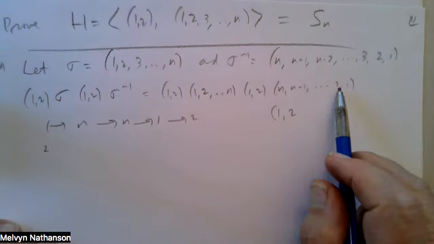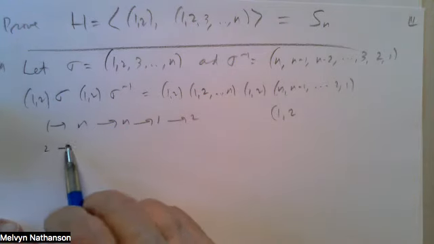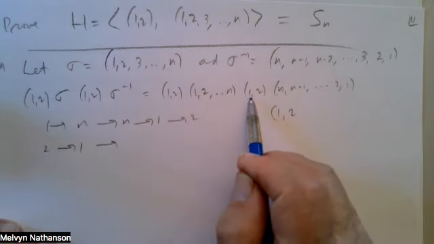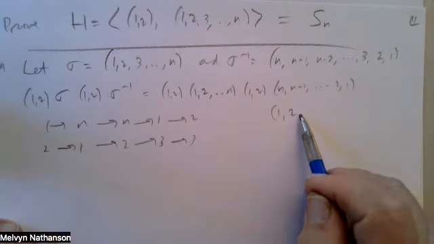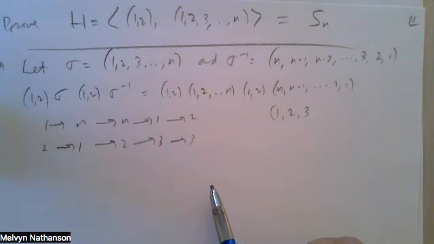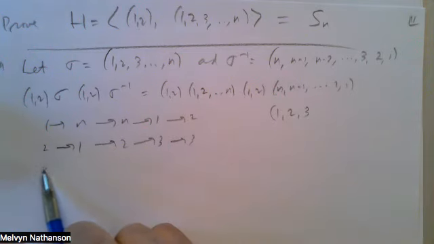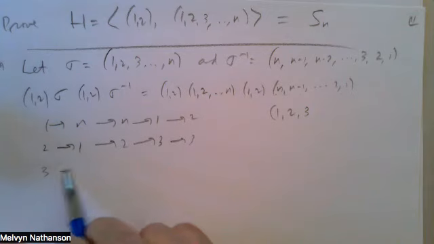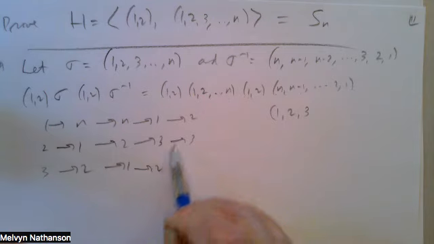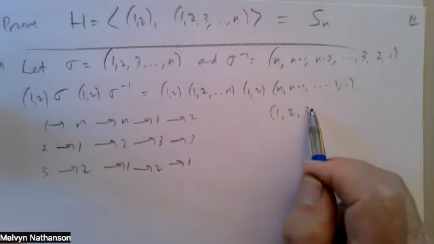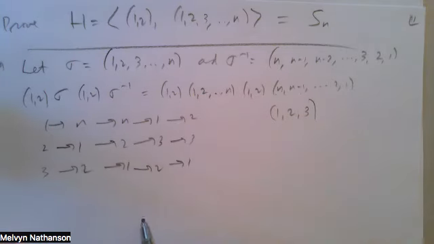What about 2? Let's see, 2 goes to 1, goes to 2, goes to 3, goes to 3. So 2 goes to 3. What about 3? 3 goes to 2, 2 goes to 1, 1 goes to 2, and 2 goes to 1. So 3 goes back to 1. And suppose I take any number r from 4 up to n.